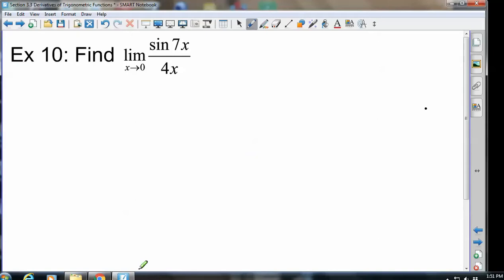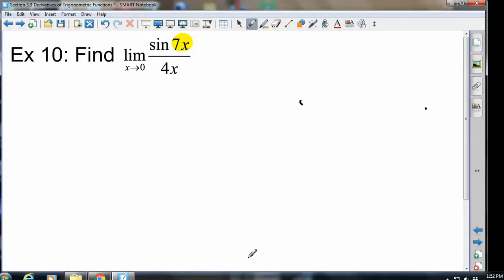If I gave you this problem, my angle is a 7x. So we could go back to all of our fancy trig functions and do sum and difference formulas and double angle formulas and use all those identities to try to split this up.